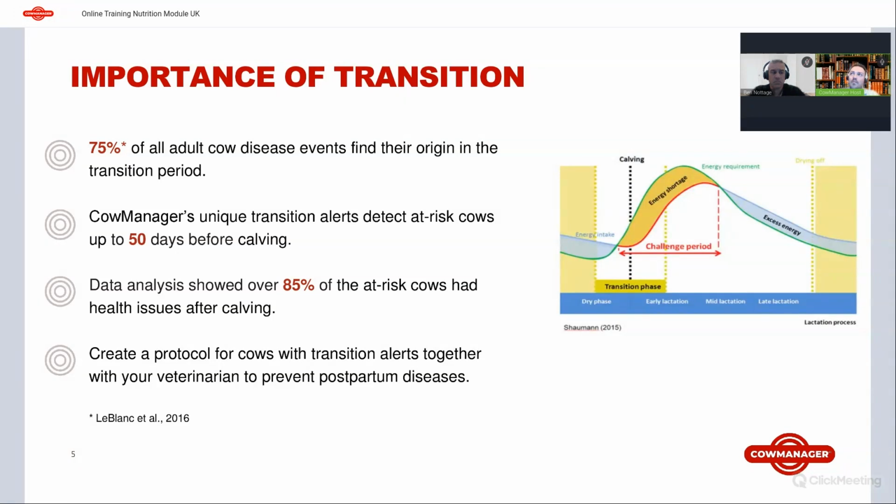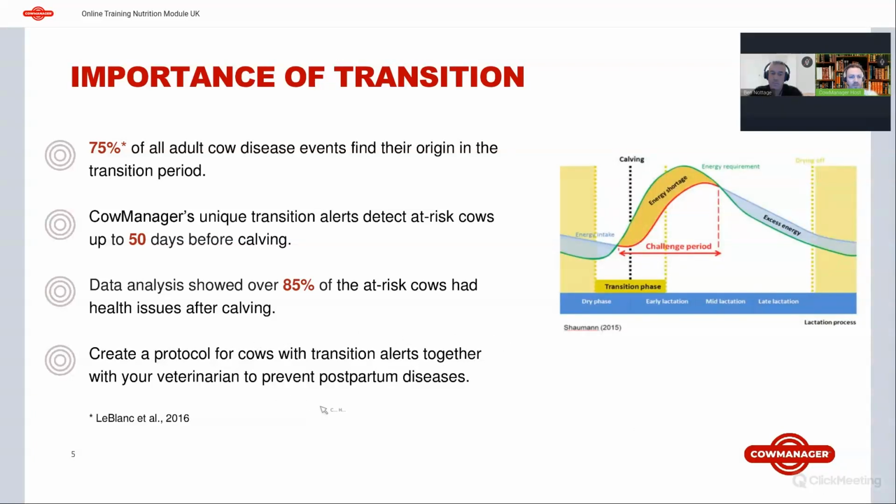So despite all efforts that have been done, especially focused on feeding cows and changing the feed in the transition period, focusing on, for instance, negative DCAD rations, that has improved a lot, but it hasn't improved transition diseases after calving.